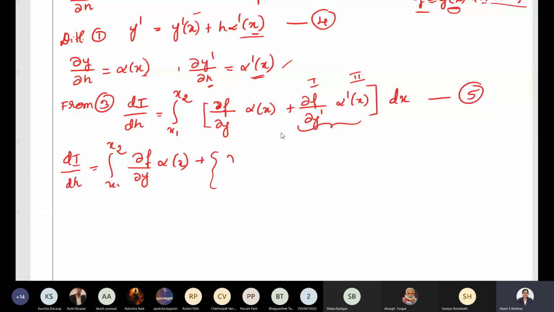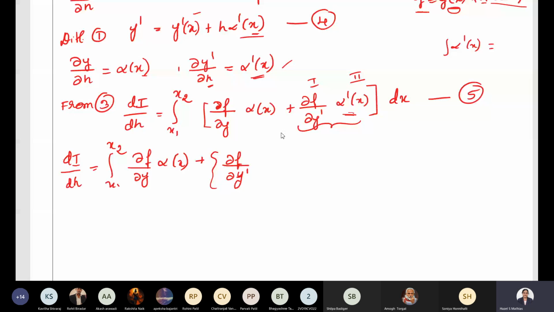Hope you all know integration by parts. First term into integration of second. What is the integration of alpha dash of x? Alpha x. So it is ∂f/∂y dash into alpha of x. So the first part is over.